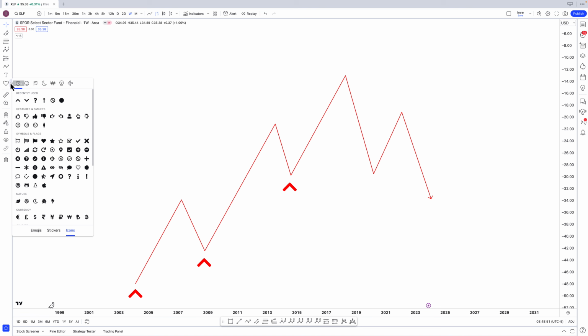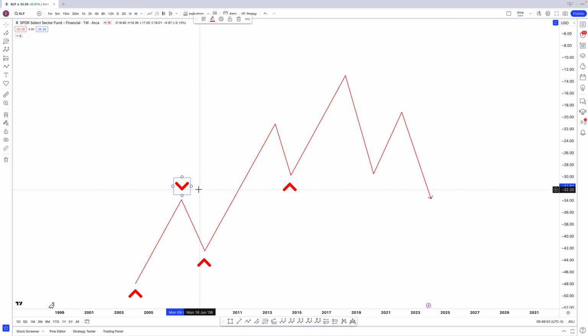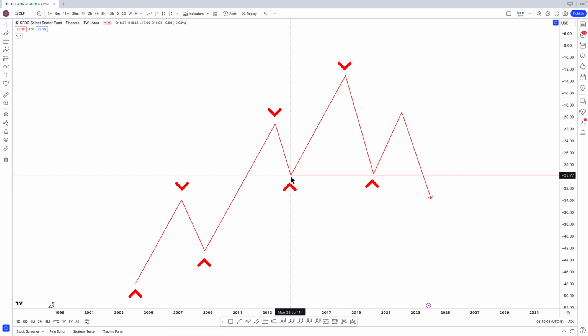And on the flip side, we can look at the high points, the swing highs. So here is a high. Here is a higher swing high. And here's yet another higher swing high. And then what happens? The market breaks down. We make a higher low. Okay, if I draw a horizontal line, you'll notice that this low is still higher, so it's a higher low. But what happens next? The market can't make a new higher high.